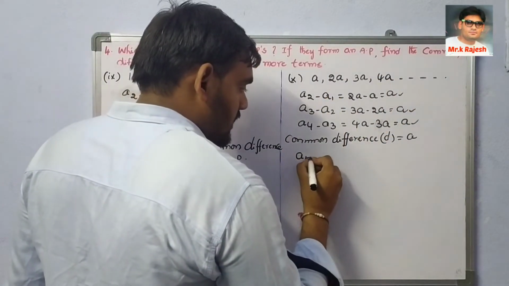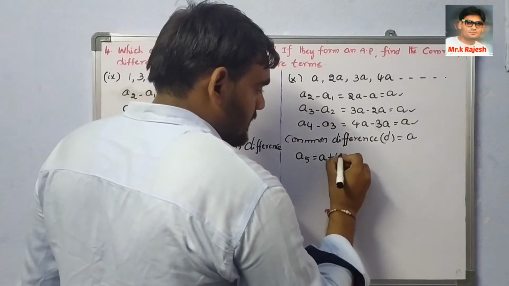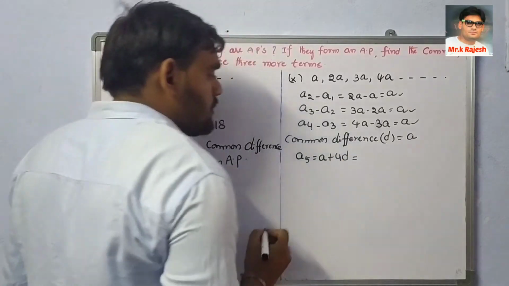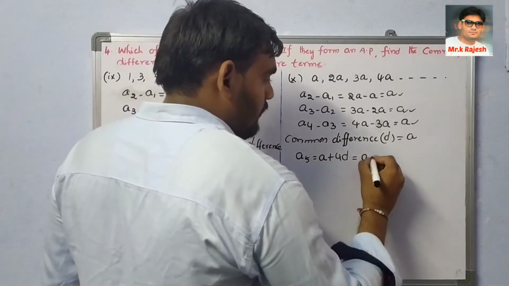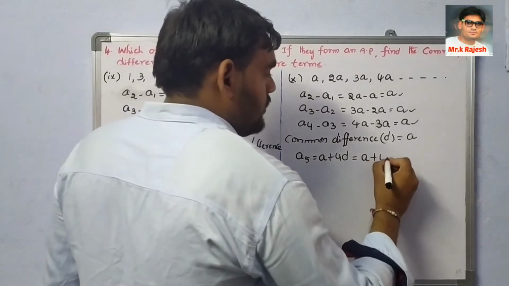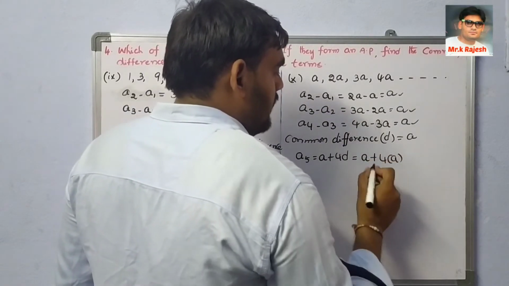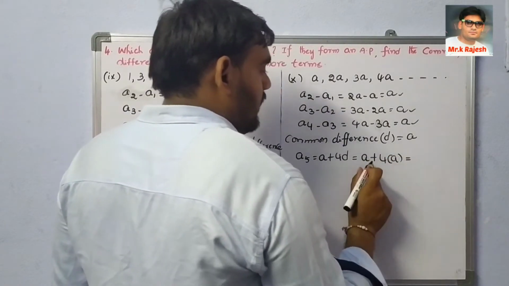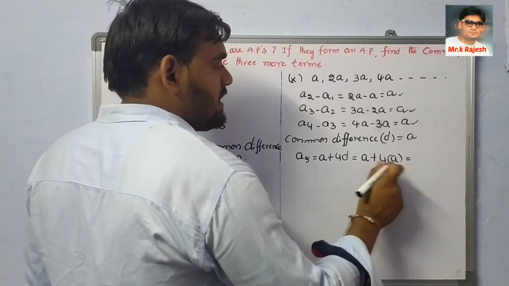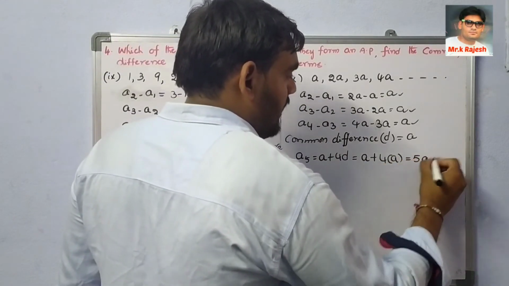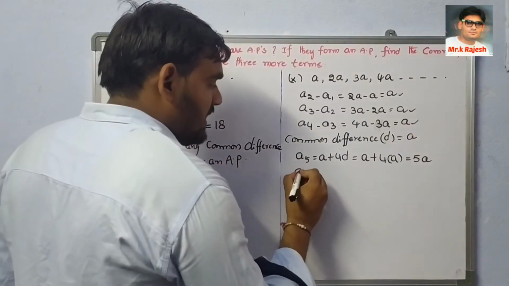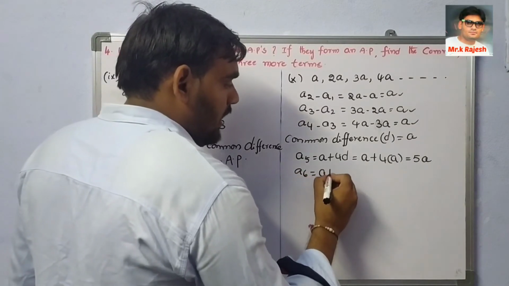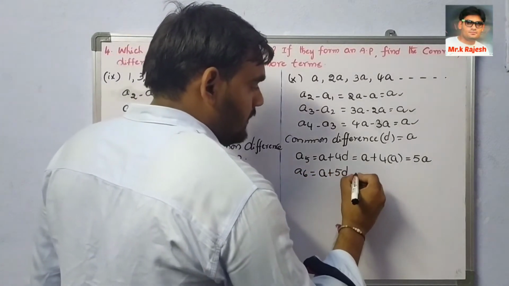A5 is equal to a plus 4 into d. So a is nothing but a only, 4 into d is 4a. A plus 4a is 5a.